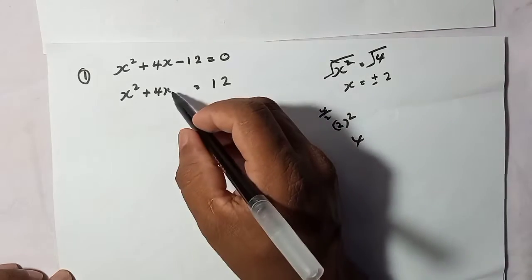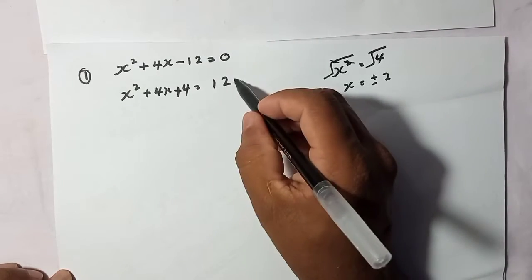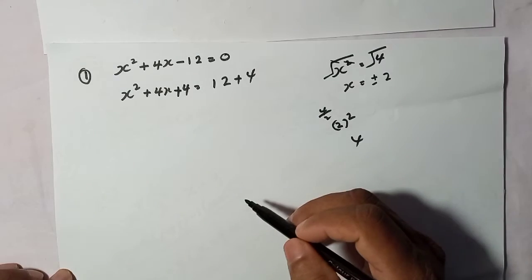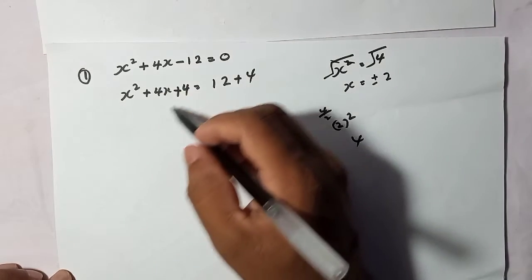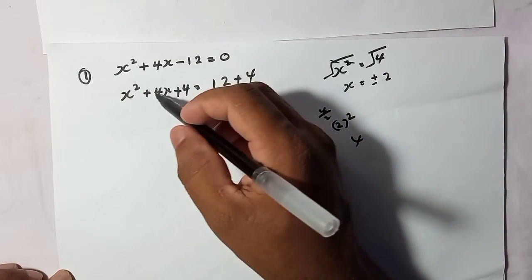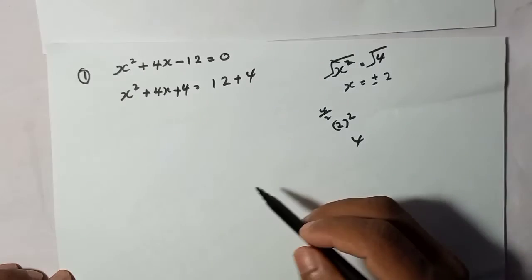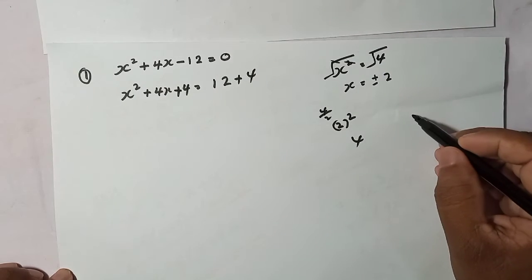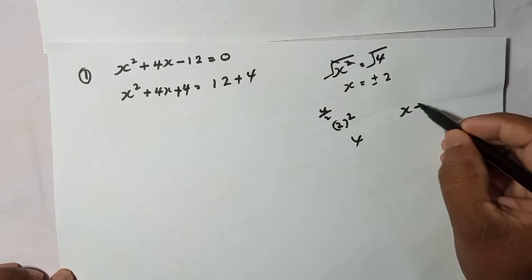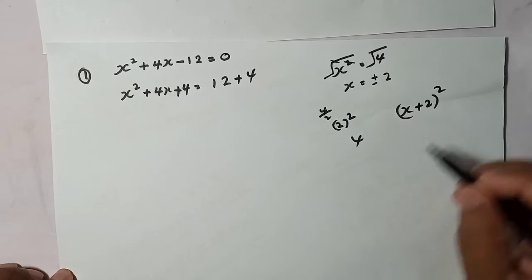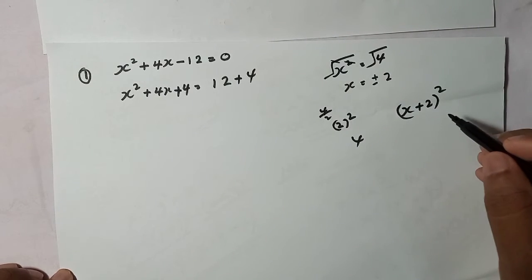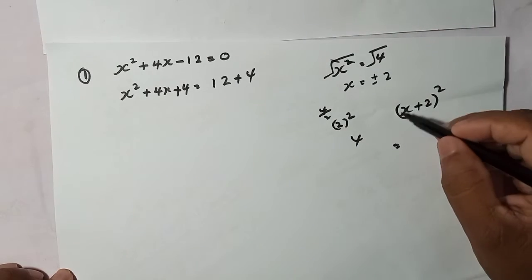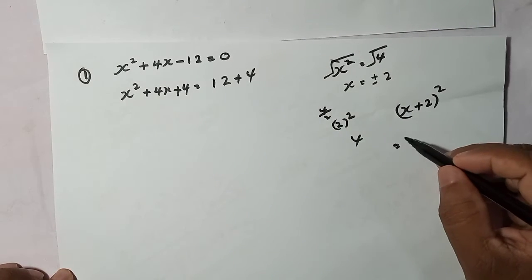This 4 we add here and here also, right? Because then we can make this a complete square. You have learned this actually, when you get this kind of expression, you can write it this way: the first term is square, x square.